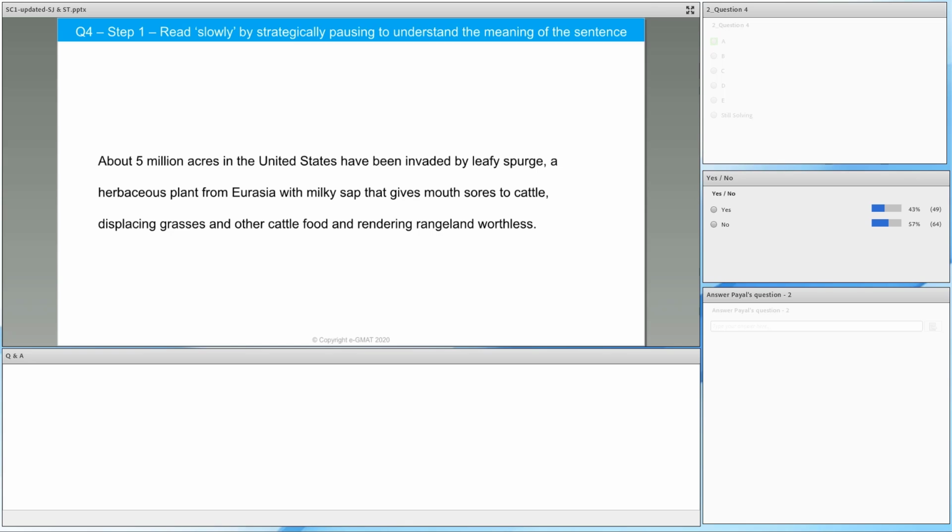The sentence says about 5 million acres in the United States have been invaded by leafy spurge. So a certain kind of leafy spurge, so I can definitely say it's a kind of plantation or vegetation that has covered a huge area in the United States. A herbaceous plant from Eurasia with milky sap that gives mouth sores to cattle.